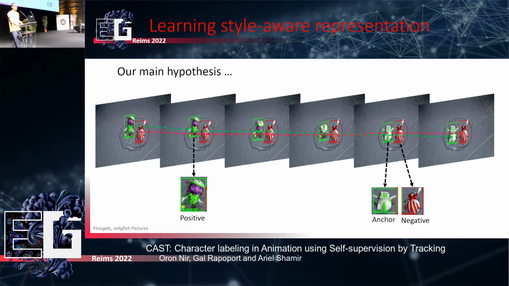We can then sample a positive example from the anchor's tracklet, having a triplet which we can leverage in order to fine-tune the representation towards this specific style.